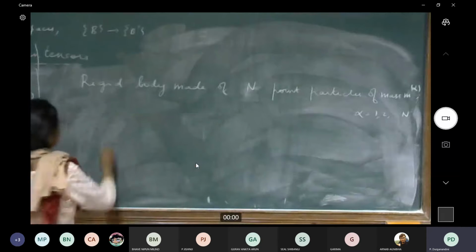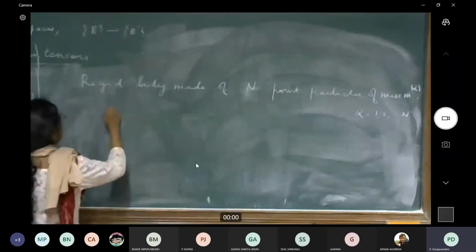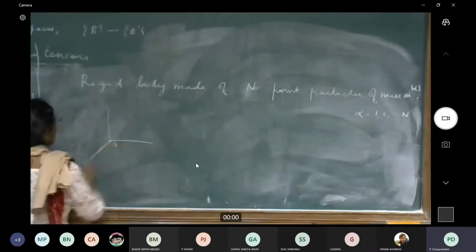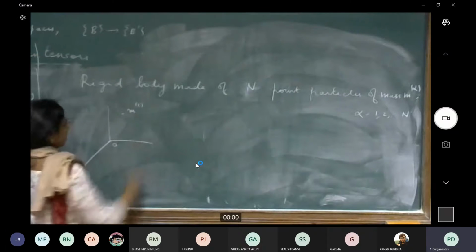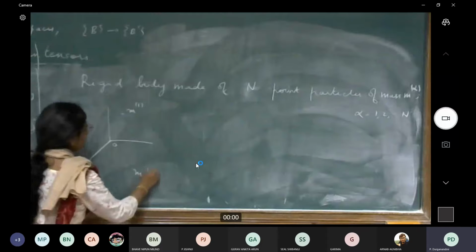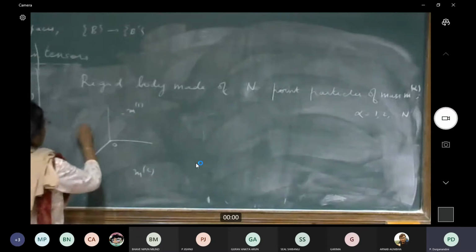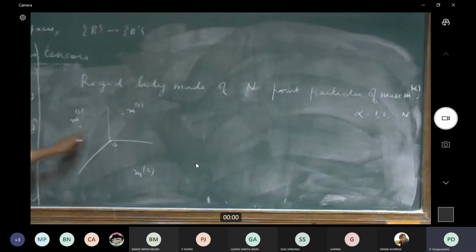So essentially it's like this, but let me choose some coordinate origin, and a certain set of axes. With respect to this, let's say that this is particle 1 with mass M1. Then this is particle 2 with mass M2.